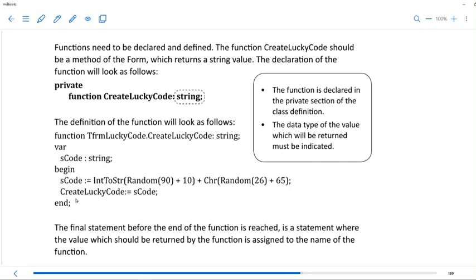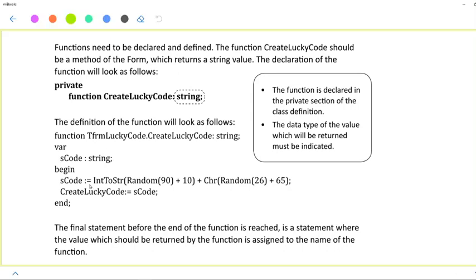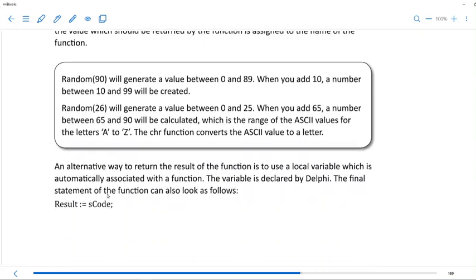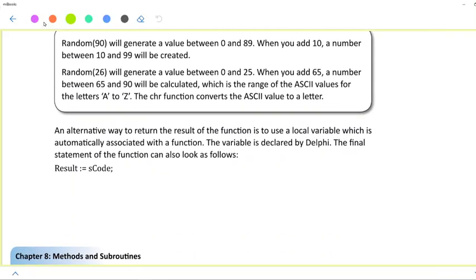And then, very important, this is now the result. Although, and I'm going to highlight this, we can return the result, which is sCode, into the function name, more common is actually to use the keyword Result := sCode.